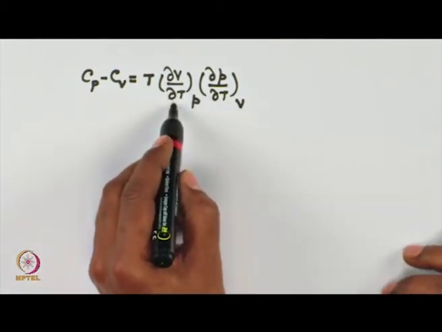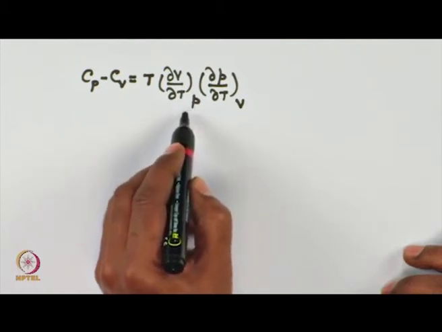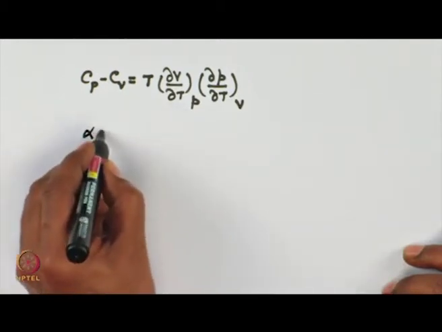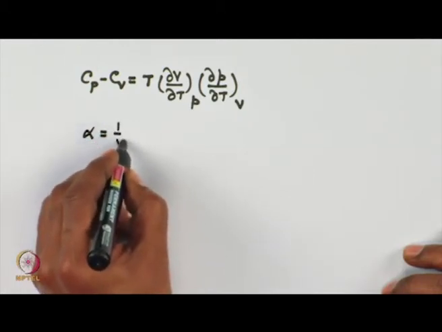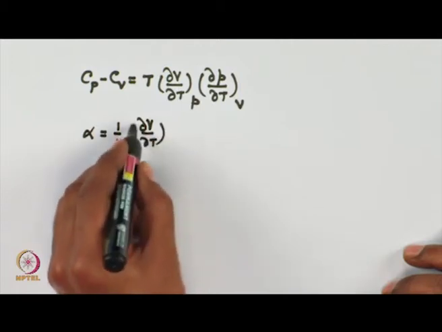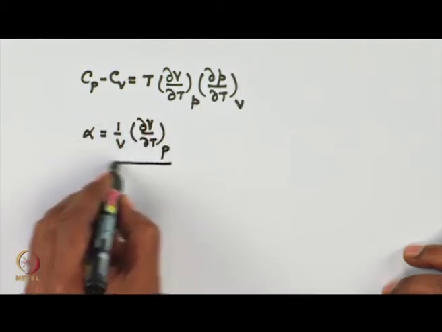The variation of volume with respect to temperature at constant pressure: you remember that earlier I introduced the expansion coefficient alpha, which is 1 over V into ∂V/∂T at constant pressure. This is the expansion coefficient.